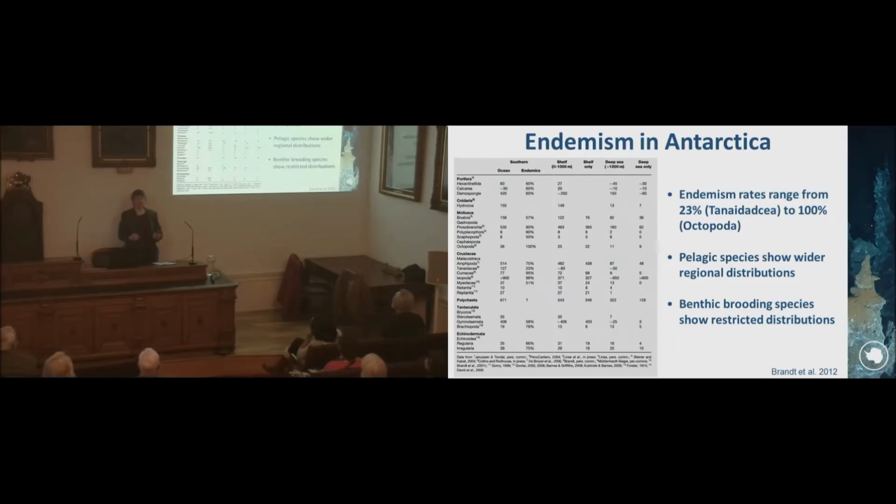So it shows how special the Antarctic fauna is, and that if the Antarctic would disappear, we would lose all these unique species. The pelagic species in the Antarctic generally show a wider regional distribution. They often occur all around the Antarctic based on the water mass. While the benthic species, and especially the benthic brooding species, show very restricted distributions.